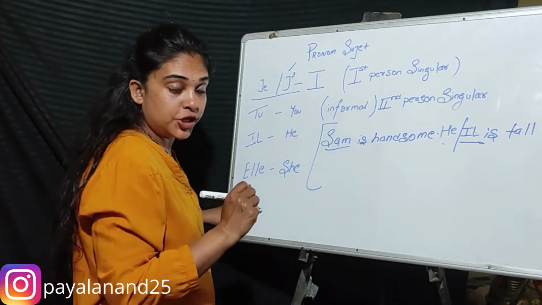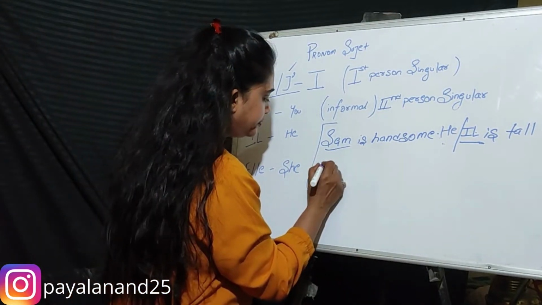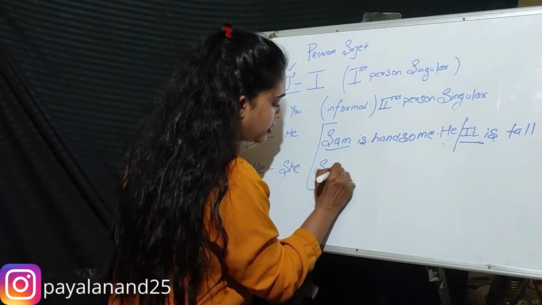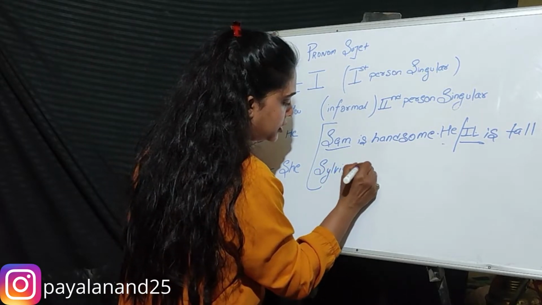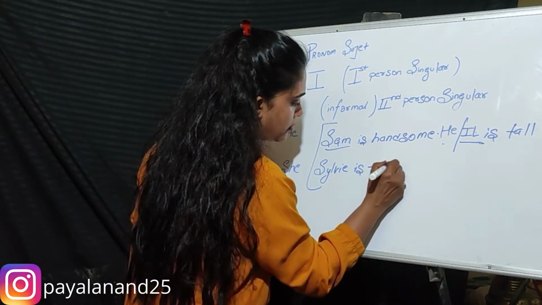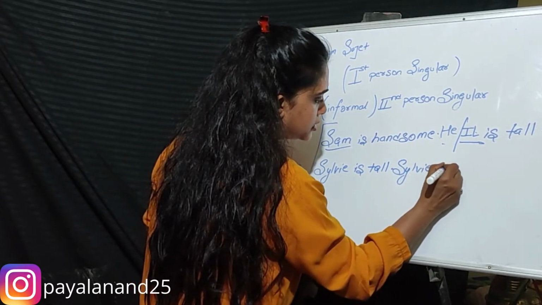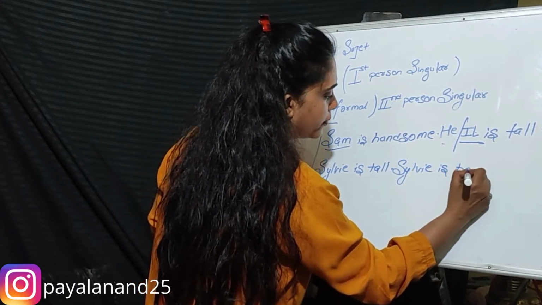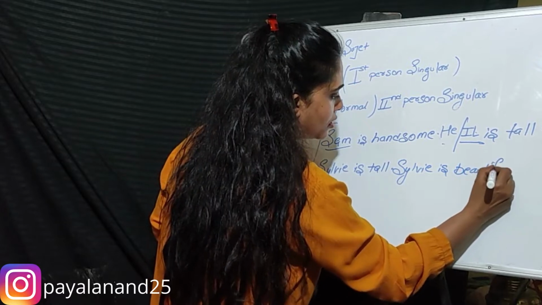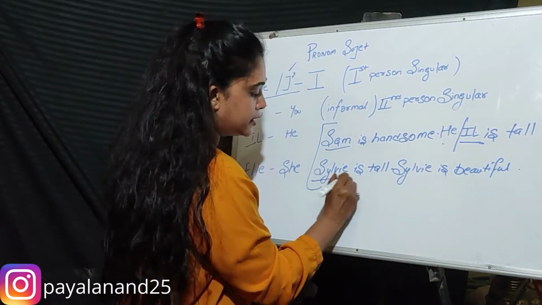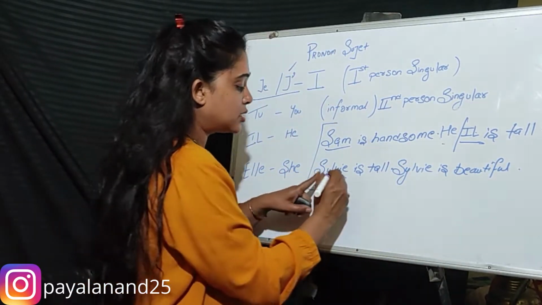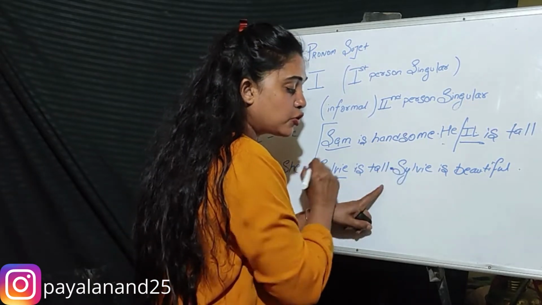It goes with she also, like Sylvie. Sylvie is tall. Sylvie is beautiful. Sylvie is our subject. Sylvie is tall, full stop.